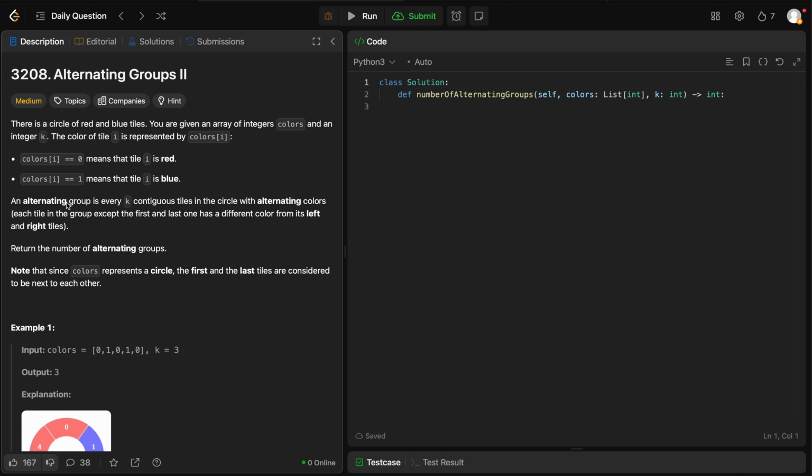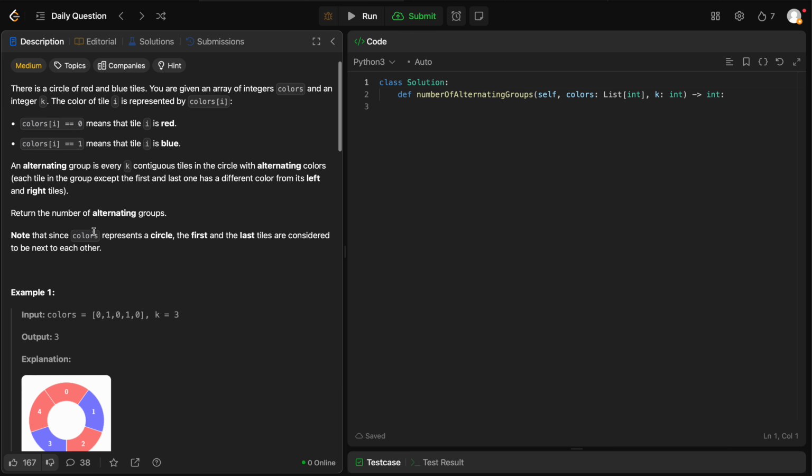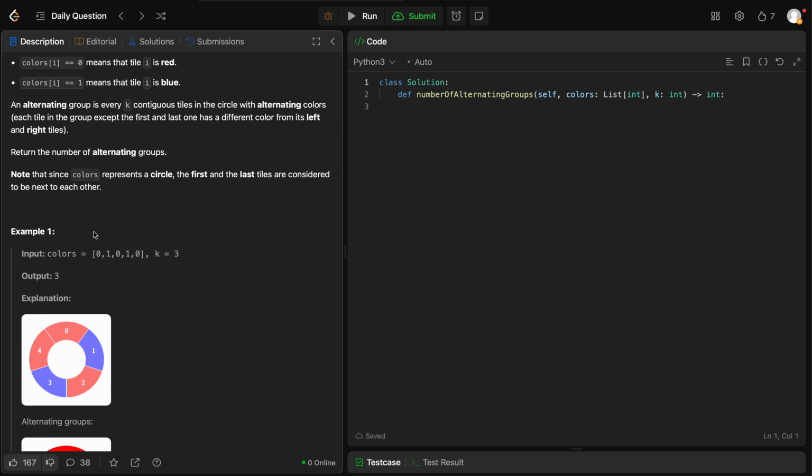Each tile in the group except the first and the last has a different color.